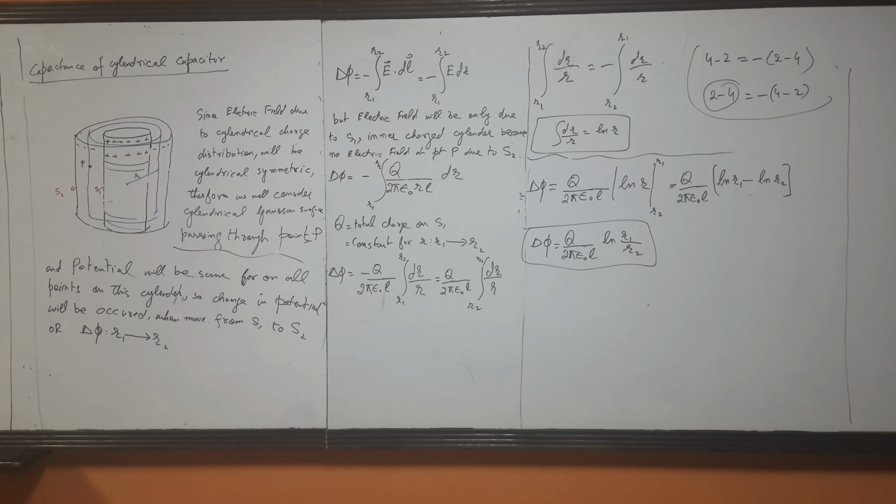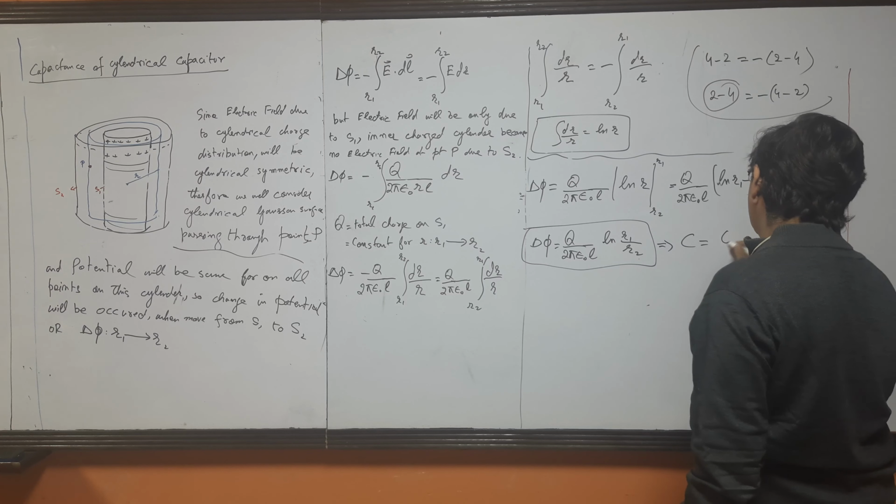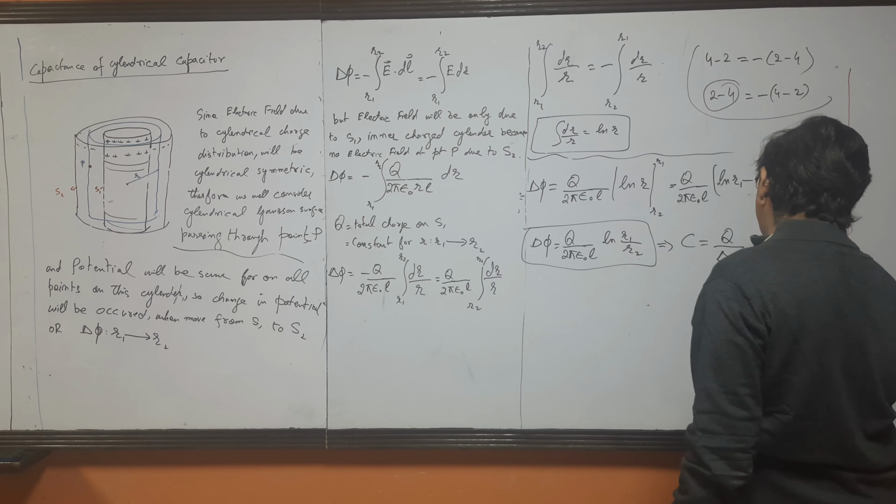Okay, and what will be the C? C is Q over delta phi.